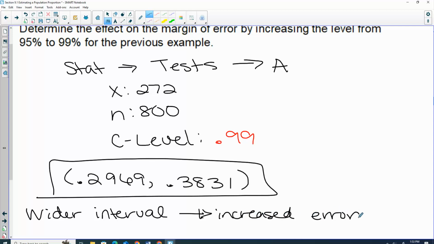Which is what I talked about before. If you want to be really, really confident, you have to have a wider range of values. If I dropped my confidence down to like 70%, what do you think would happen to my interval? It would get a lot smaller if I only had to be 70% confident. So as your confidence goes up, your window is going to get bigger. All right.